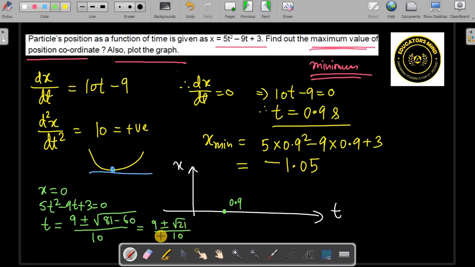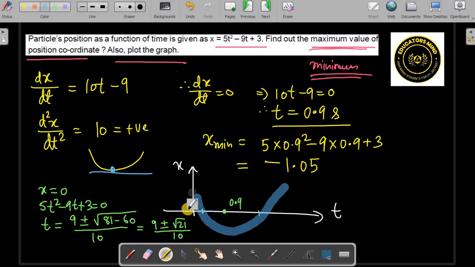Time cannot be negative, so check whether it can come negative. No, both the values will be positive, so there will be two positive values of time, one on this side and one on this side. So the graph which will actually look is, it may go like this.